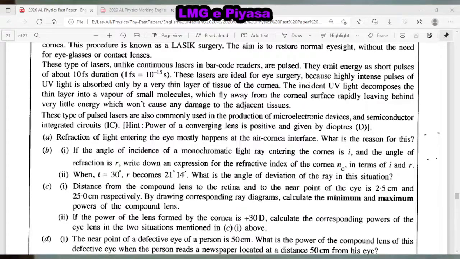You can write that as the answer for part E. Understood? The incident UV light decomposes the thin layer into a vapor, into a wave of small molecules, right?